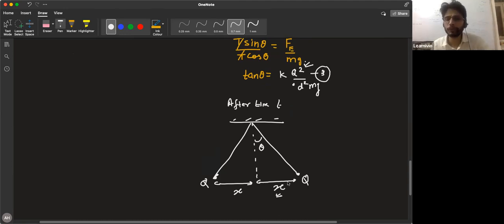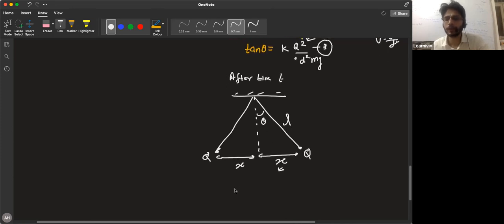The velocity with which the charge moves is nothing but dx over dt. When the charge leaks, these two charges will move towards each other with a certain velocity, and you are supposed to calculate that velocity. This length is L. We can calculate tan theta, or sine theta.